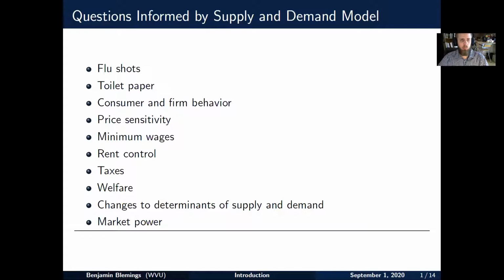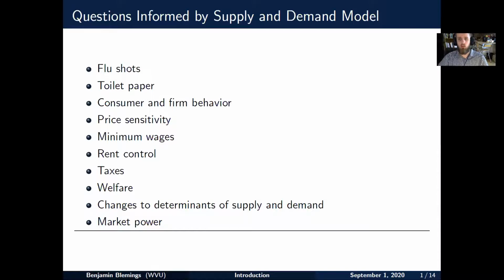The allocation of flu shots would be one, and one we'll dive into at the back of this paper. Toilet paper, which is kind of an odd topic. Consumer and firm behavior, which is one you've heard of. Price sensitivity is captured by supply and demand models, as are minimum wages, so government policies and controls, taxes, and welfare in the sense of how well off somebody is, not payments.